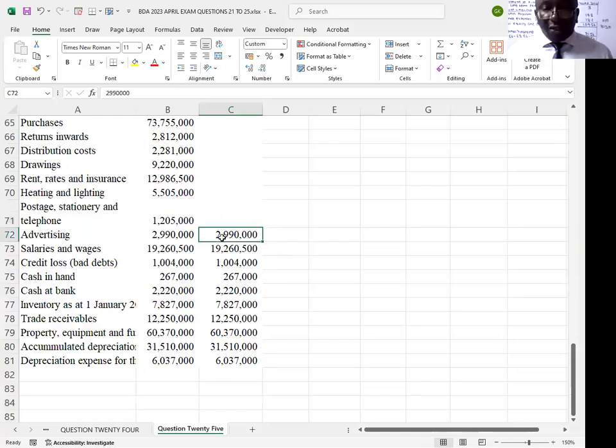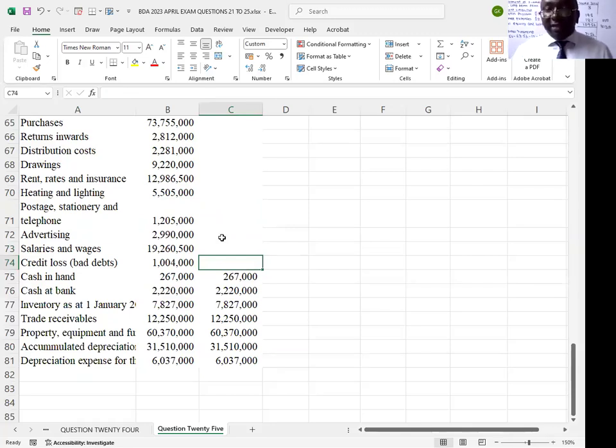Advertising, we also need to debit. Salaries and wages, we also need to debit. That's an expense. Credit loss is an expense. The bad debts, we need to debit, is an expense.